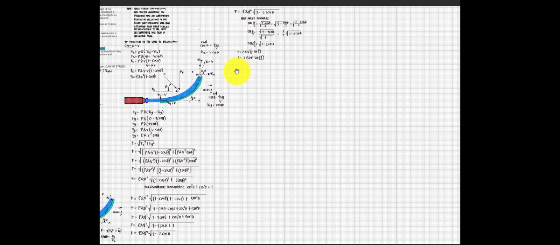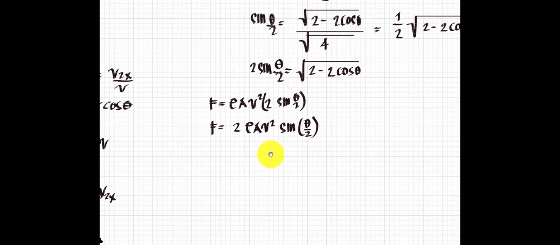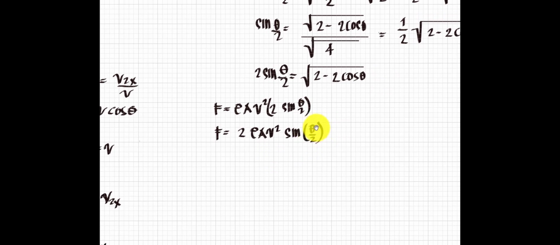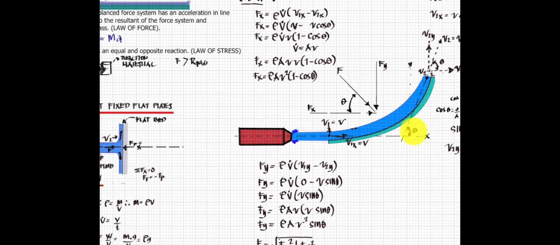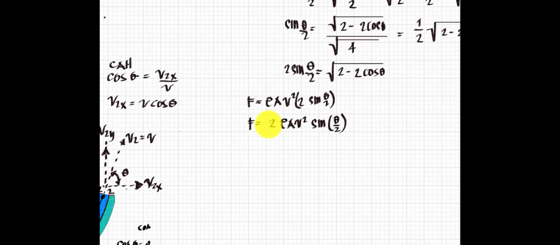So if the given angle in the problem, if the given values, you have your theta and the given velocity, so we can now solve the values of your resultant force. So if theta is given and we have the velocity, we can directly compute what will be the force of the resultant.